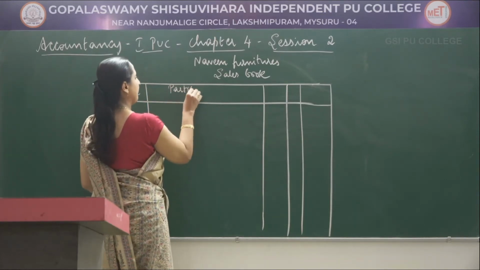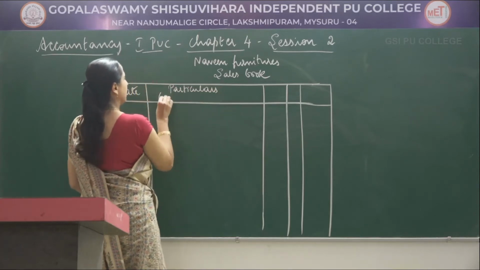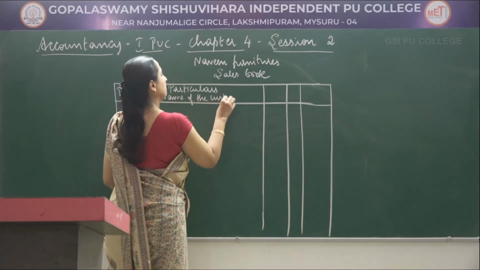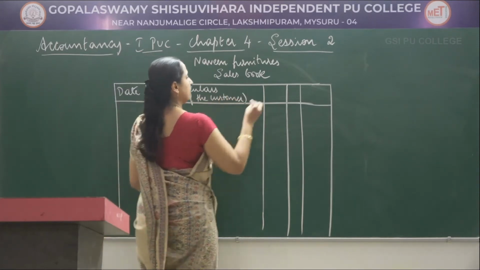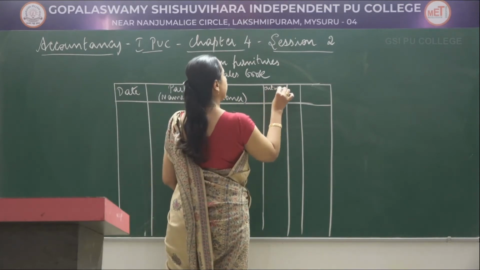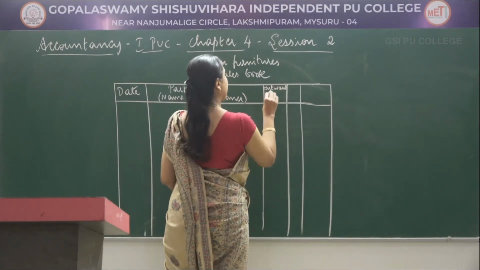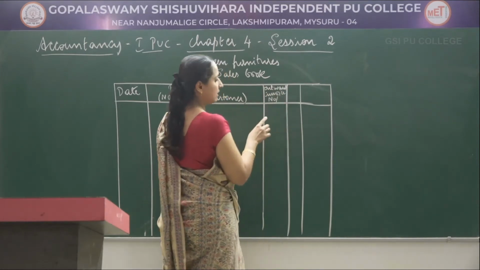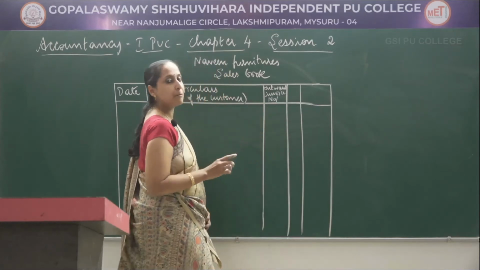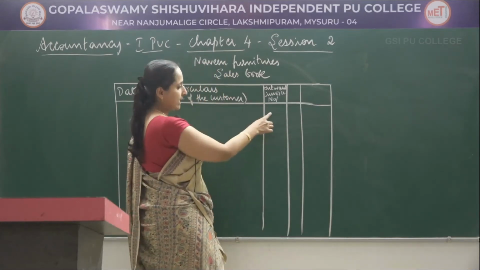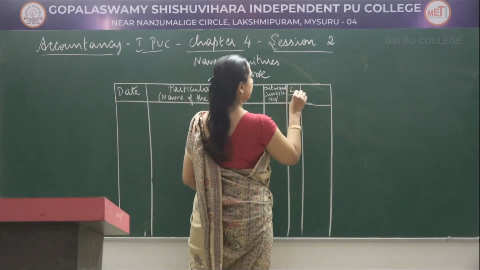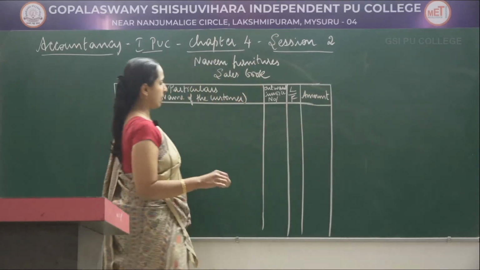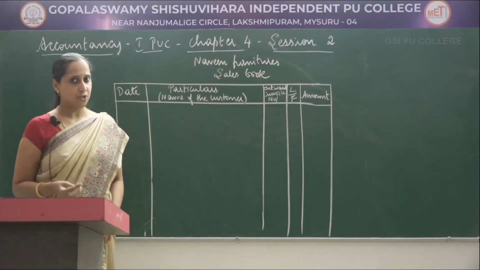Here we have to write particulars, that is name of the customer. Here we write outward invoice number. Invoice is the proof of the goods sold, so it is like a receipt, so we write receipt number. If they have given receipt number in the problem, you have to write it, otherwise no need to write any number here. Here is the amount column. So now let's start recording each transaction.